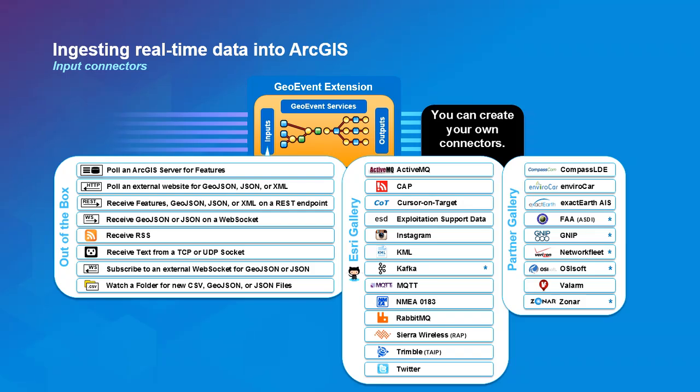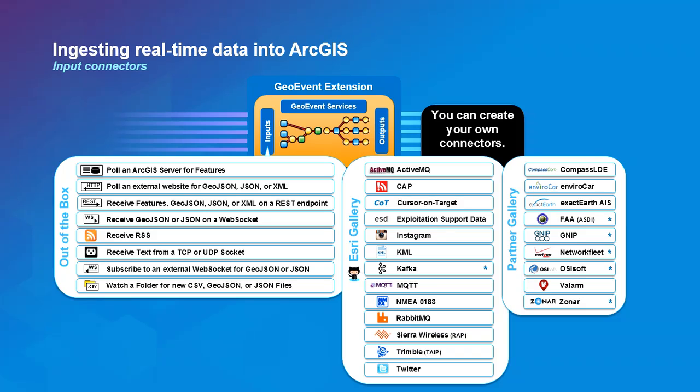In the center column, we make a number of community-based connectors available out on our GeoEvent gallery. So those include things like ActiveMQ, RabbitMQ, some of the enterprise messaging systems, CAP, which is a common alerting protocol connector for alerts typically used in public safety and emergency response, connecting to Instagram, KML, NMEA, which is a standard GPS data format.